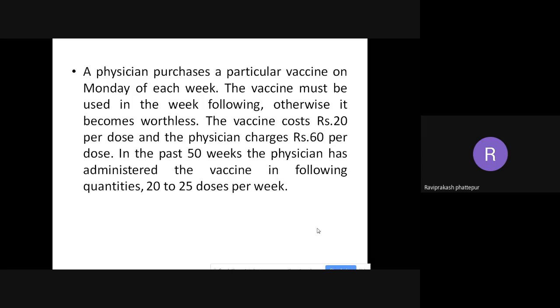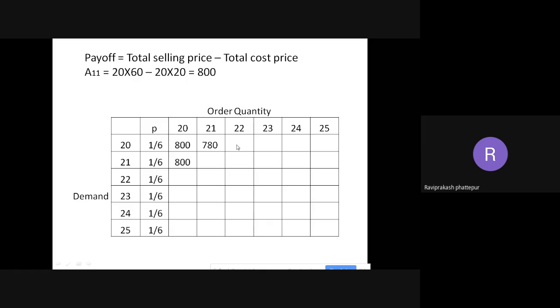If you see in the last 50 weeks, he has given from 20 to 25 doses. So in the horizontal and the vertical axis, we are getting 20 to 25 only.